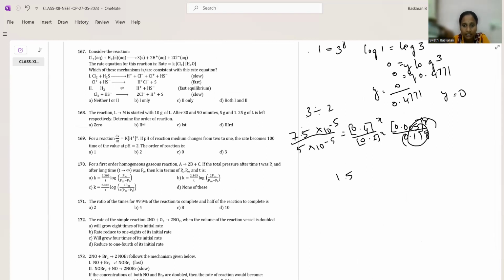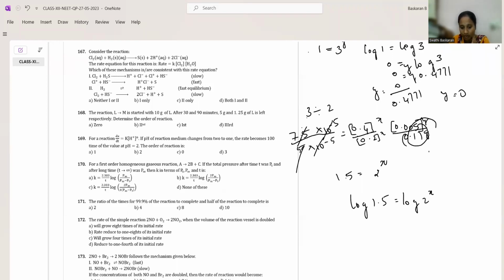If you cancel the 5 and 7.5, you get a value of 1.5, which is equal to 2 power x. Similarly, here also you need to determine the x value. Since the bases are not the same, apply log on both sides. So now log 1.5 is equal to log 2 power x.